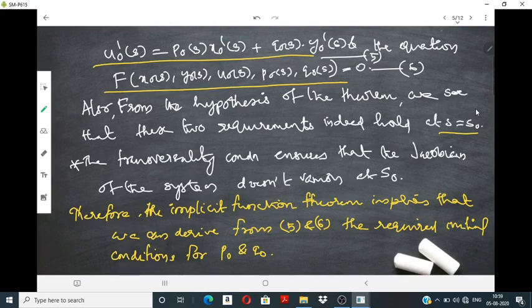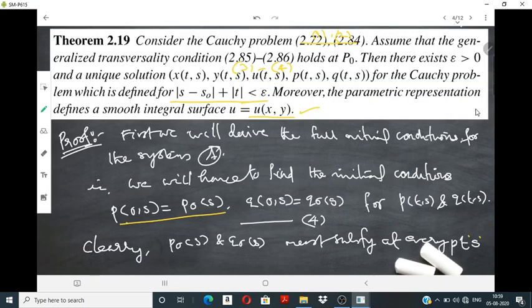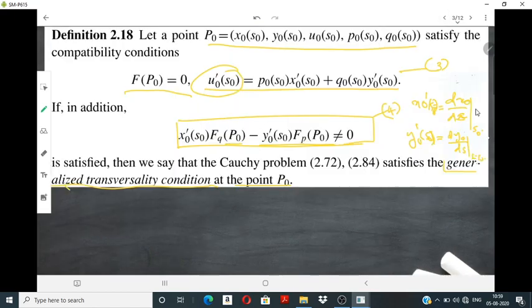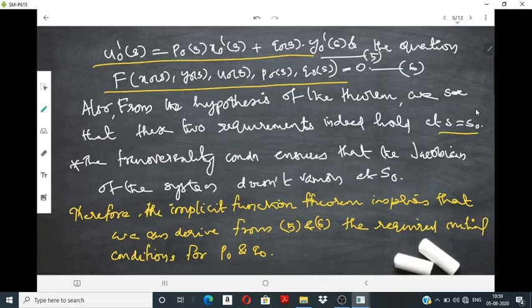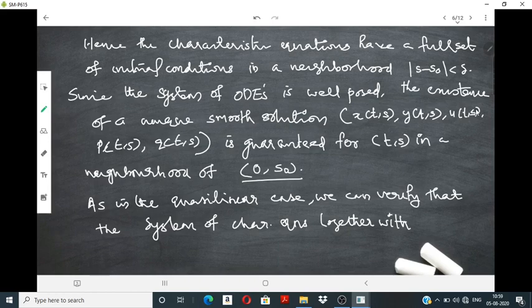together with equation number 6, imply that f satisfies the equation.